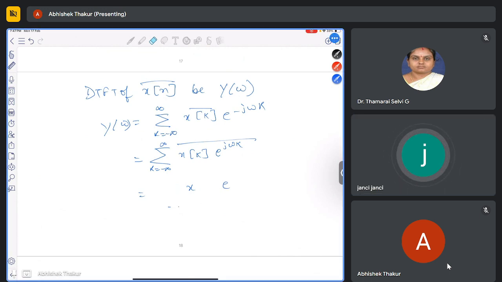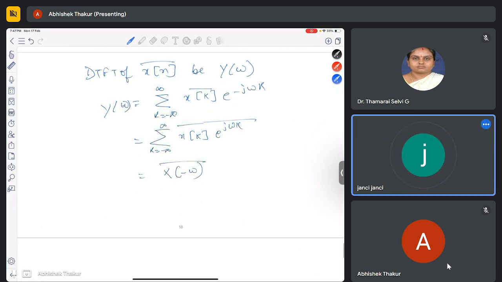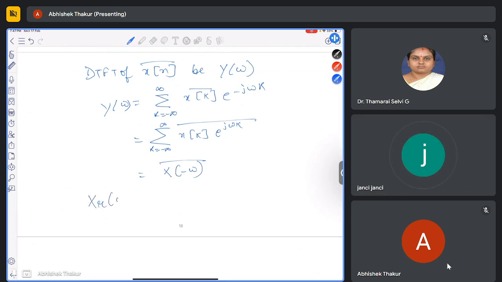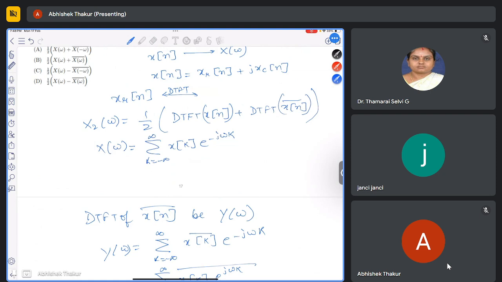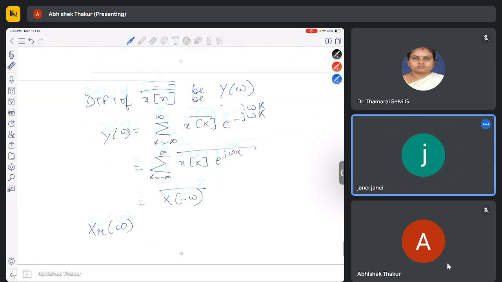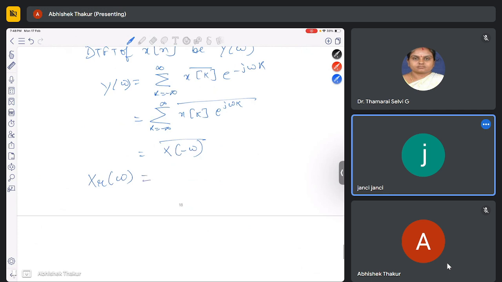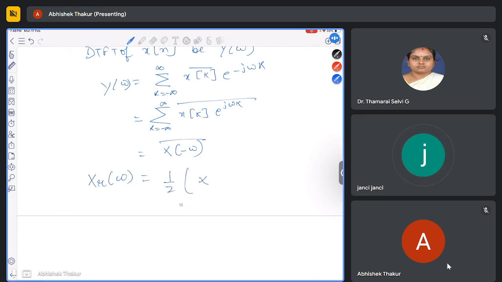So here this can be written as X of minus omega bar. So our Xr of omega is given as 1 by 2 into X of omega plus X of minus omega conjugate.